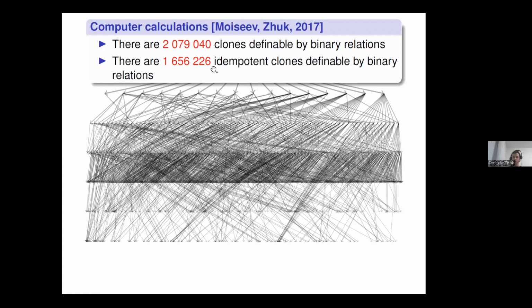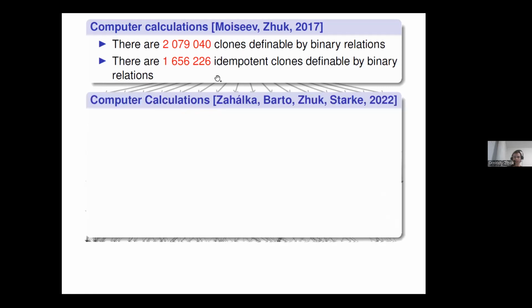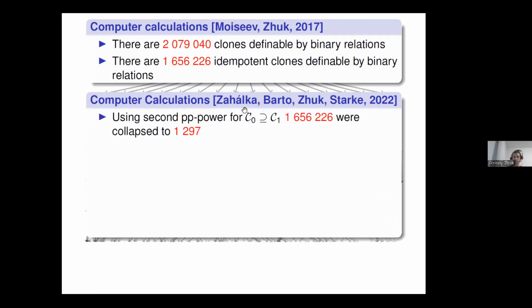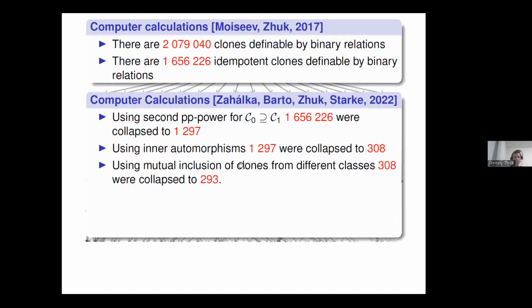Of course, it's too many to do this by hand. And Libor's student tried to do this on the computer. And just using second power, he managed to collapse these 1.6 million into just a bit more than 1,000. Then using inner automorphisms, we collapsed it to 300. Then we played a bit more using virtual inclusion and so on, and made it 293.